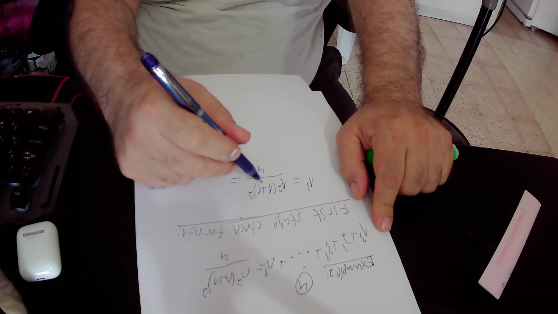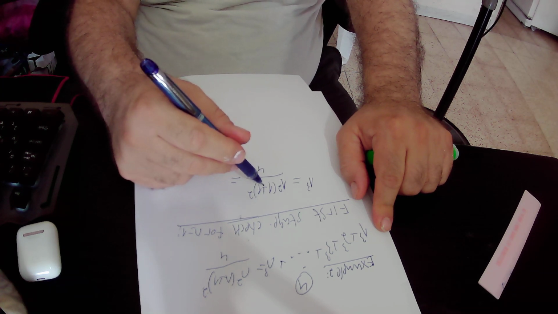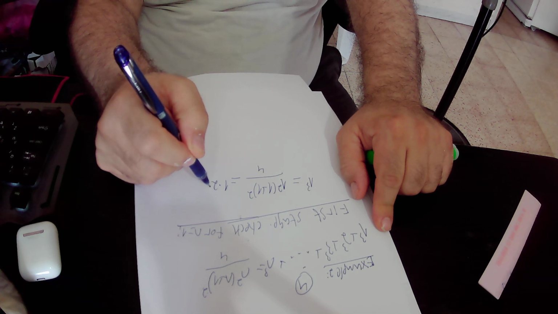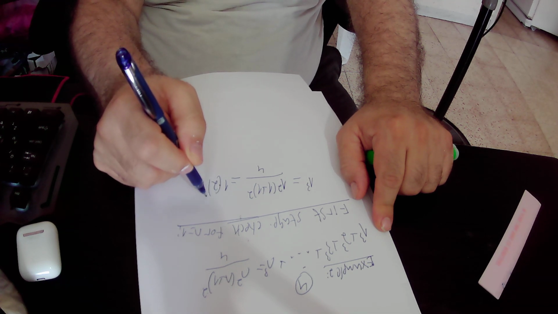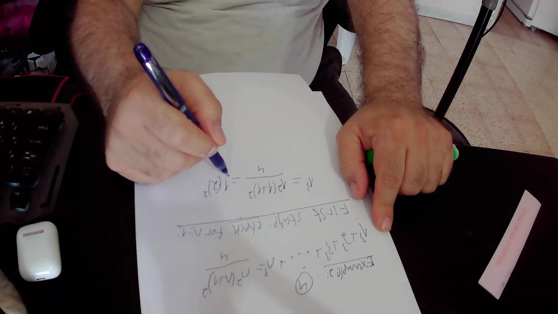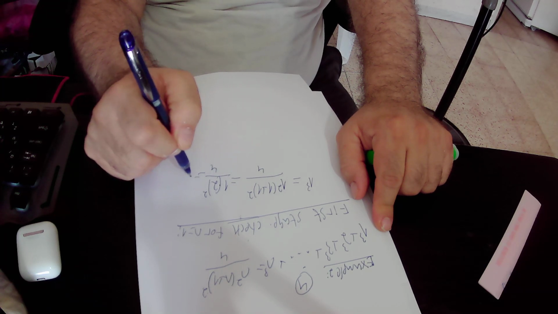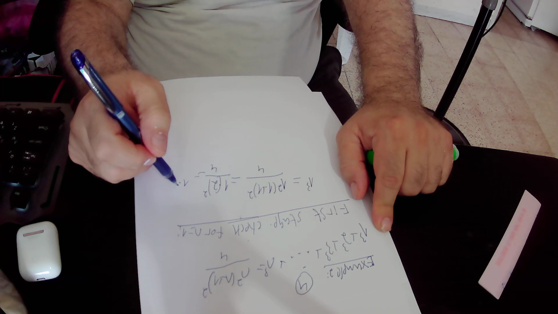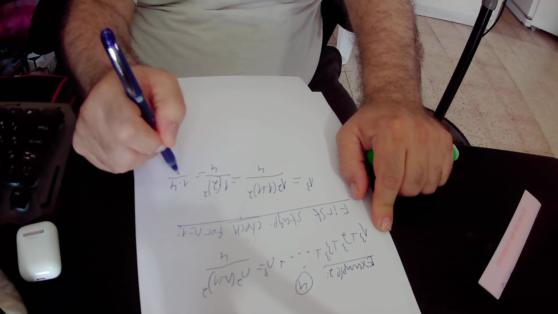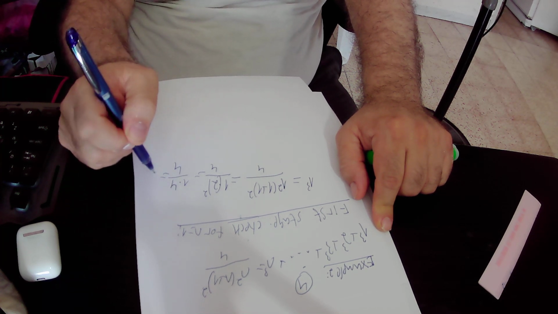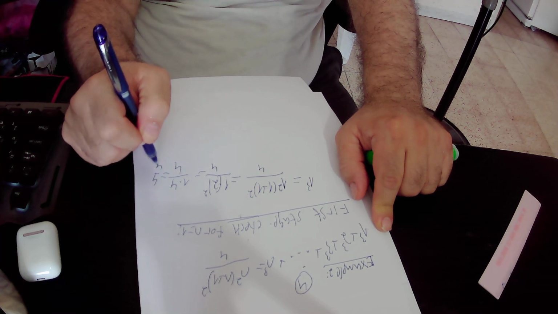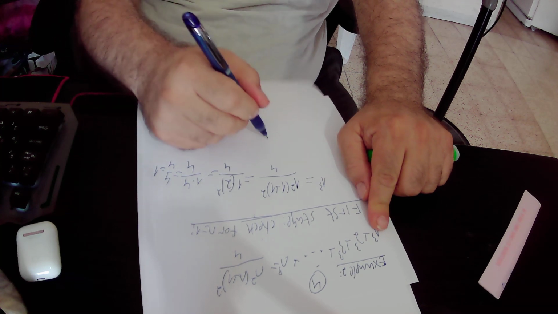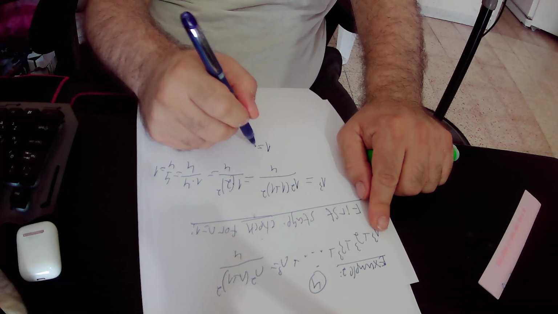So 1 squared is 1, and 1 plus 1 is 2. 2 squared, all divided by 4. So it is 1 times 4, divided by 4. 1 times 4 is 4, divided by 4 is 1. So 1 equals 1.